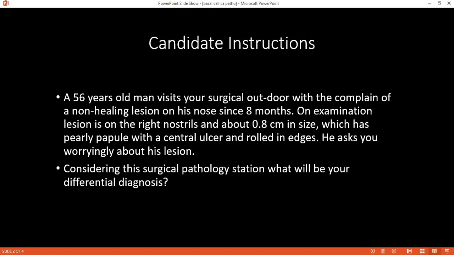And basal cell carcinoma usually has a pearly papule and central ulcer with rolled edges, while squamous cell carcinoma is usually a papule which can bleed easily. Okay, considering the mode of spread of the carcinoma, how do they both spread?